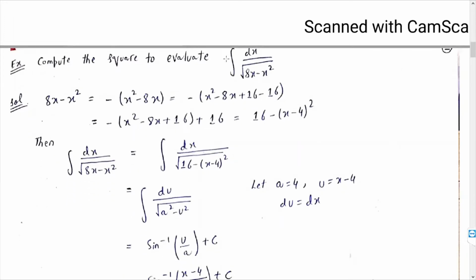Now, taking 8x minus x square, taking the minus sign common, we get x square minus 8x. Completing the square, I get this form, 16 minus (x minus 4) whole square. Instead of 8x minus x square, I write 16 minus (x minus 4) whole square.